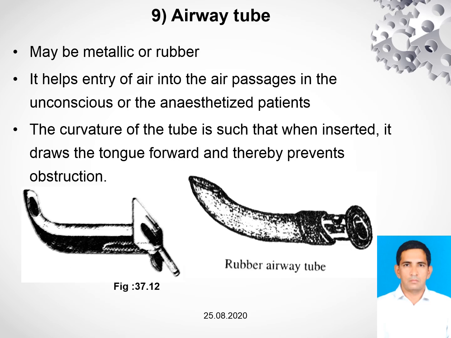Ninth is airway tube. May be metallic or rubber. It helps entry of air into the air passages in the unconscious or the anesthetized patients.